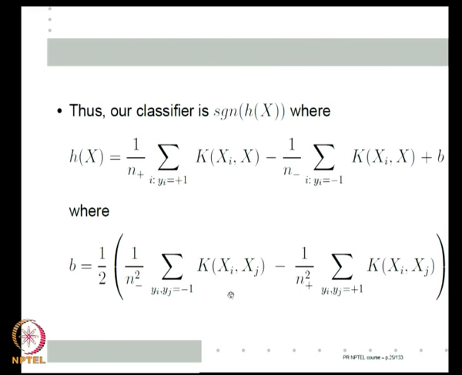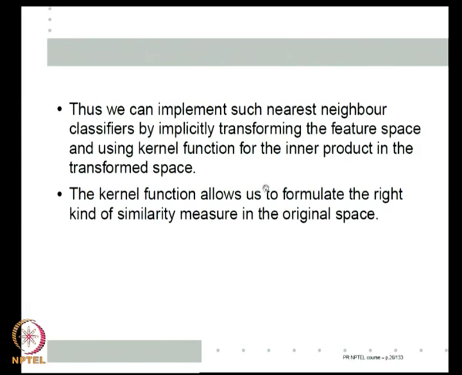If I think the norm of phi x minus phi y is a good metric for distance between pattern vectors x and y, then correspondingly k x y is a good similarity measure. Okay. So, we can implement such nearest neighbor classifiers by implicitly transforming the feature space, and the kernel function allows us to formulate the right kind of similarity measure in the original space.